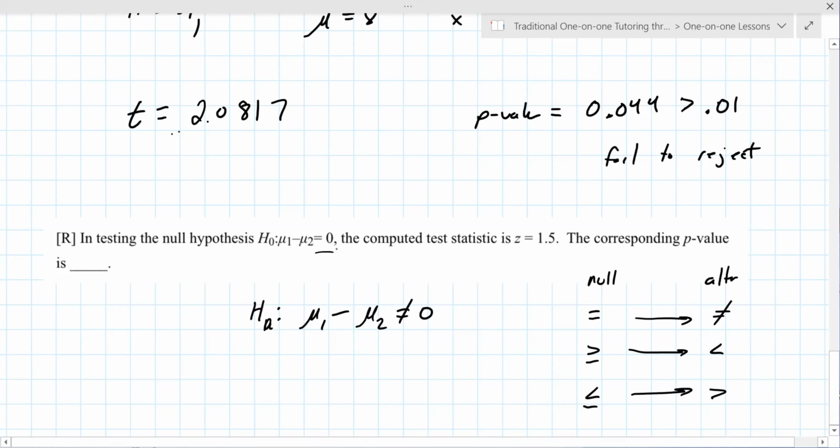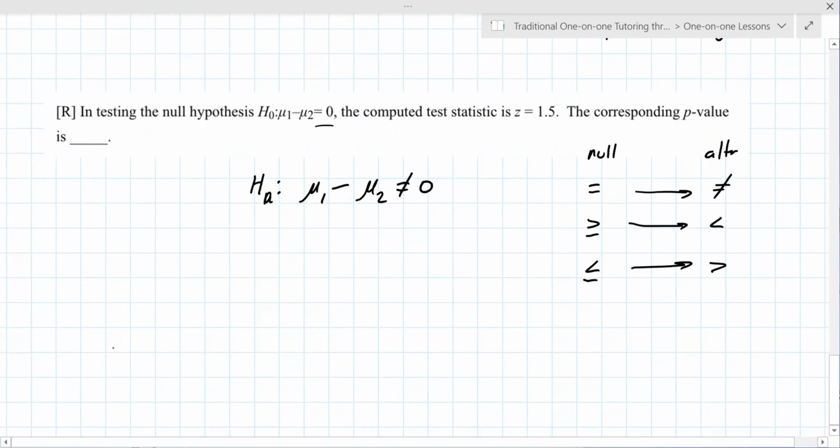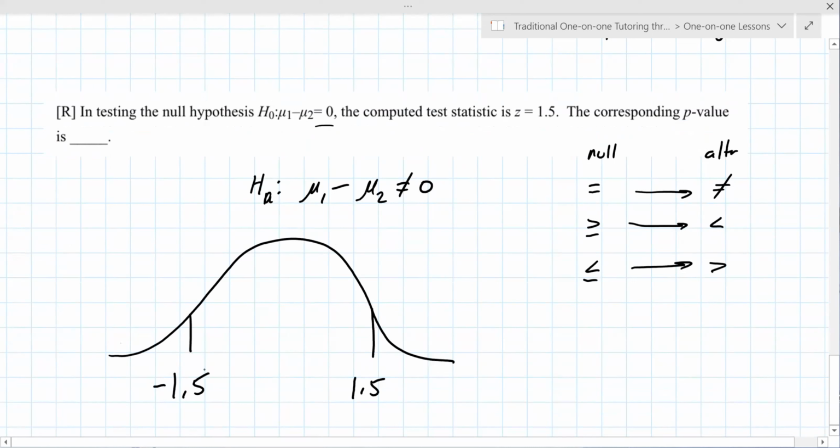Because it's an equal to, it's a two-tailed test, which means this z of 1.5 also corresponds to a z of minus 1.5, but only because it's a two-tailed test. Okay, and it's a two-tailed test because it's an equal sign? Yes.